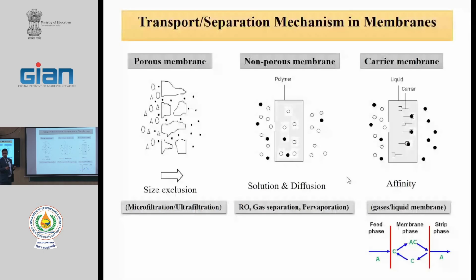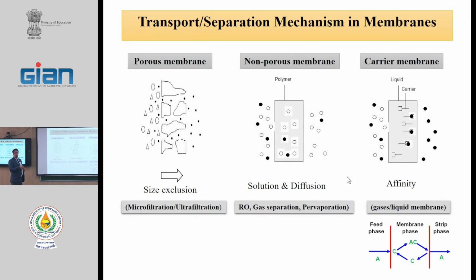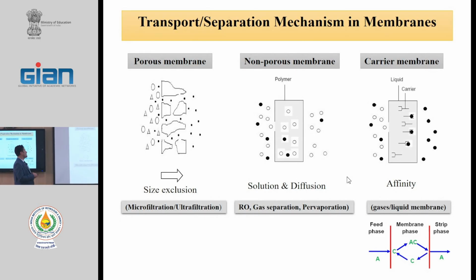Therefore, in a porous membrane, the main mechanism in one separation, maybe we have three mechanisms together. For example, size exclusion mechanism, adsorption mechanism, and charge retention mechanism. But generally, in porous membranes, we have a size exclusion mechanism that is also called molecular sieve mechanism.